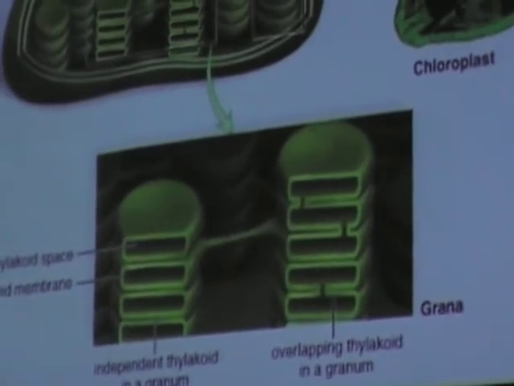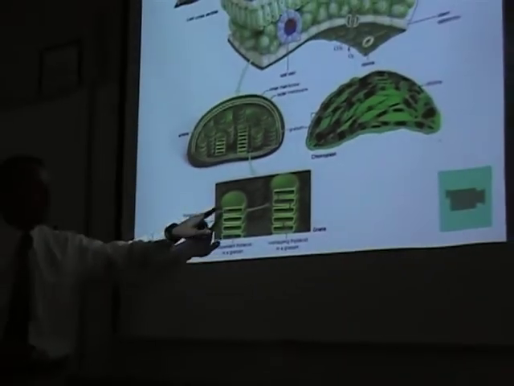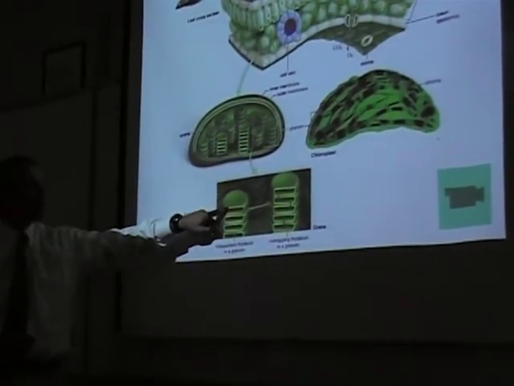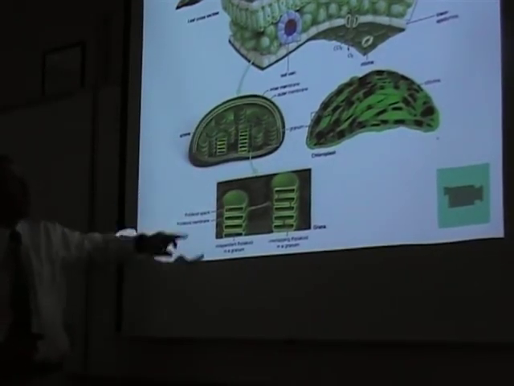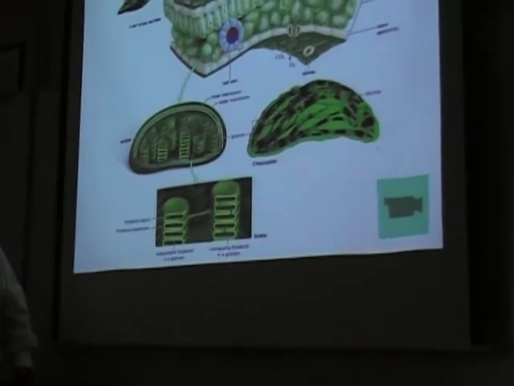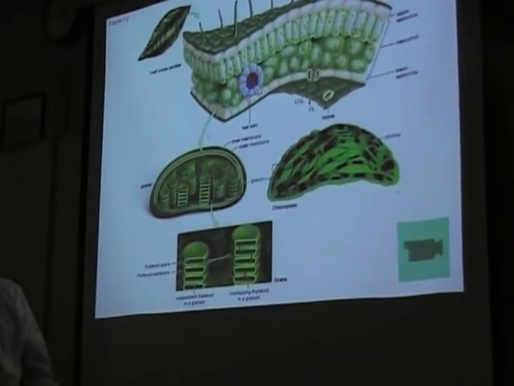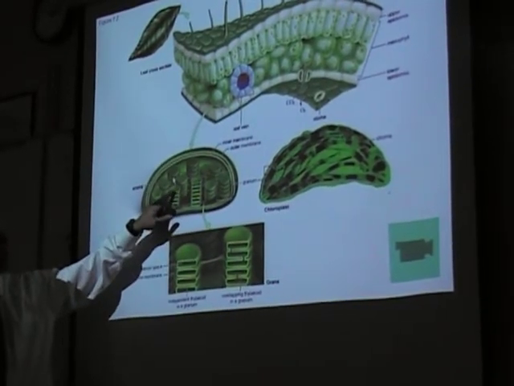Now, this picture is actually screwed up. The only thing in a plant that is green is the chlorophyll on these thylakoids. All this other stuff, like this right here, that's not green, that's really clear. And all this up here, that's not green, that's really clear. The only green parts of a plant are the chlorophyll molecules that are on the thylakoid.